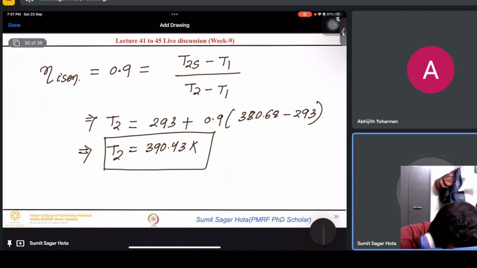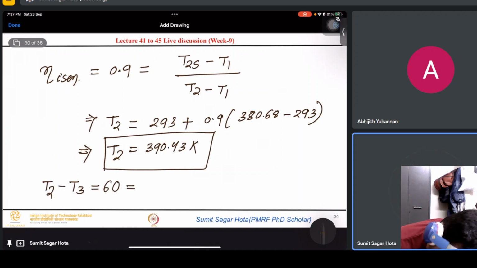We know the difference T2 minus T3 is 60 degrees Celsius. The difference does not matter whether it is Celsius or Kelvin. So T2 minus T3 equals 60, 390.43 minus T3 is equal to 60.